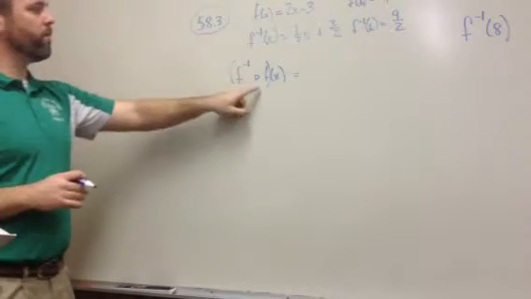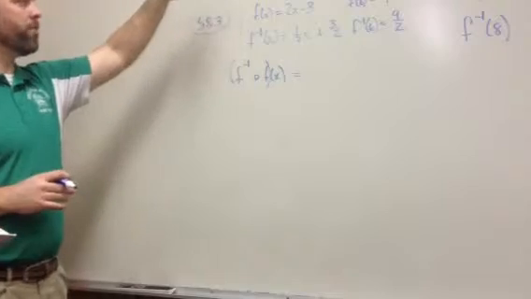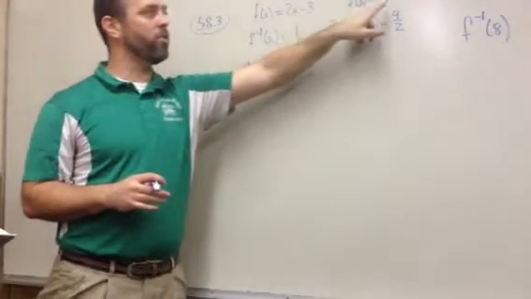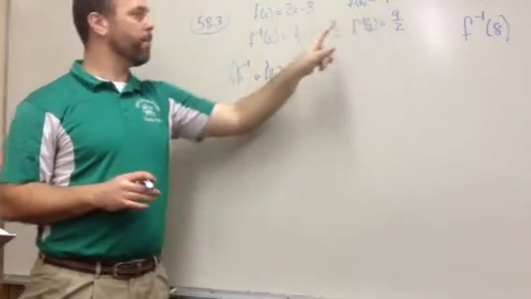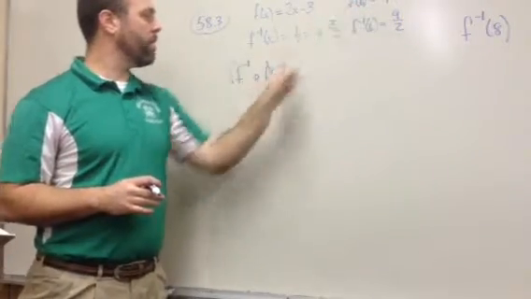All right, so f inverse composed of f of x. Actually, the easiest thing is just take the result of f of x, which is 9, and plug it into this.